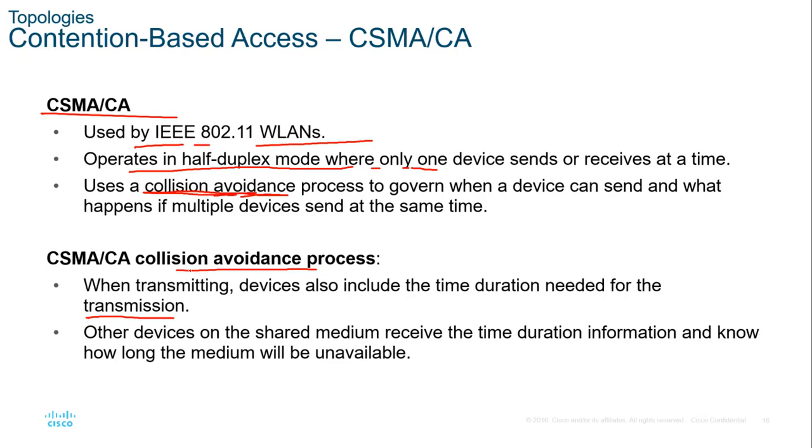The other devices on the shared medium receive the time, so they are told how long to wait. After a minute, the other one will be stopped, and then this one will go.